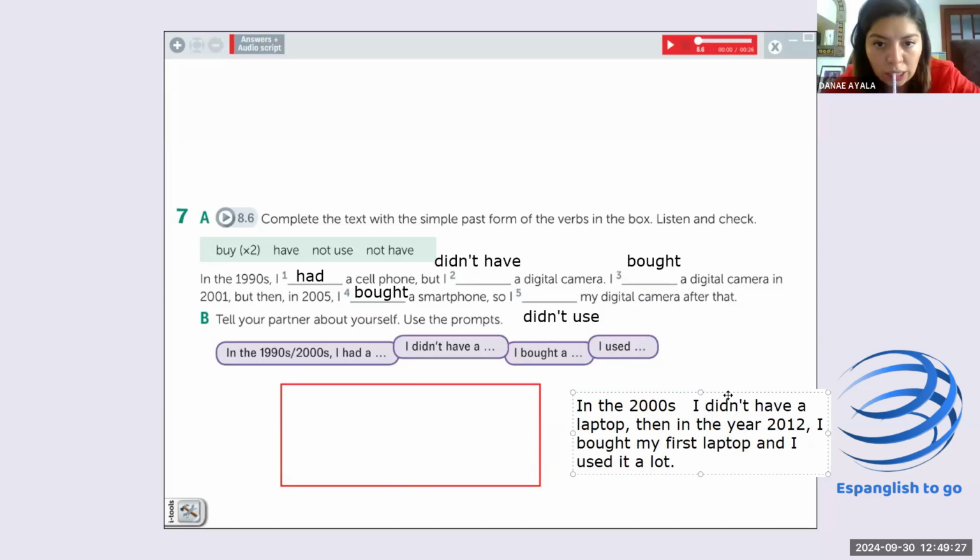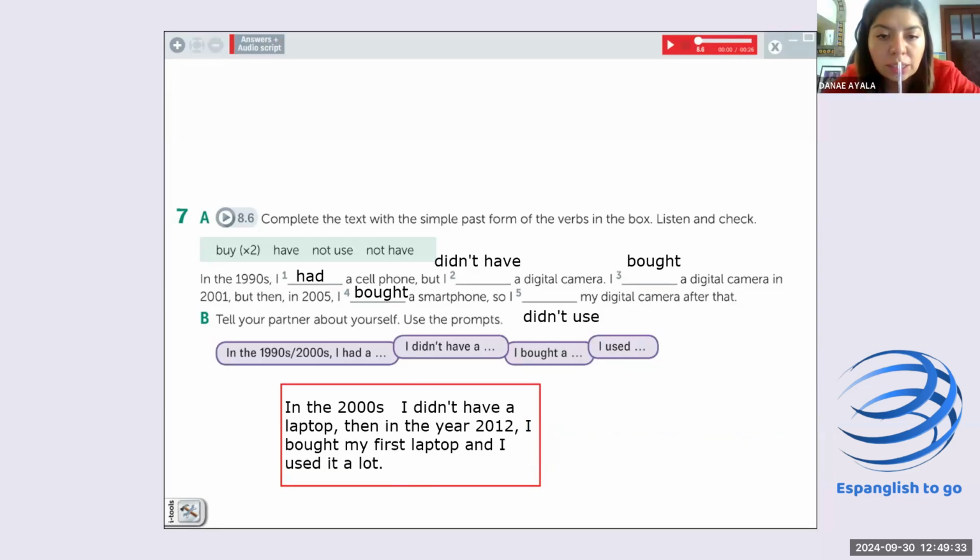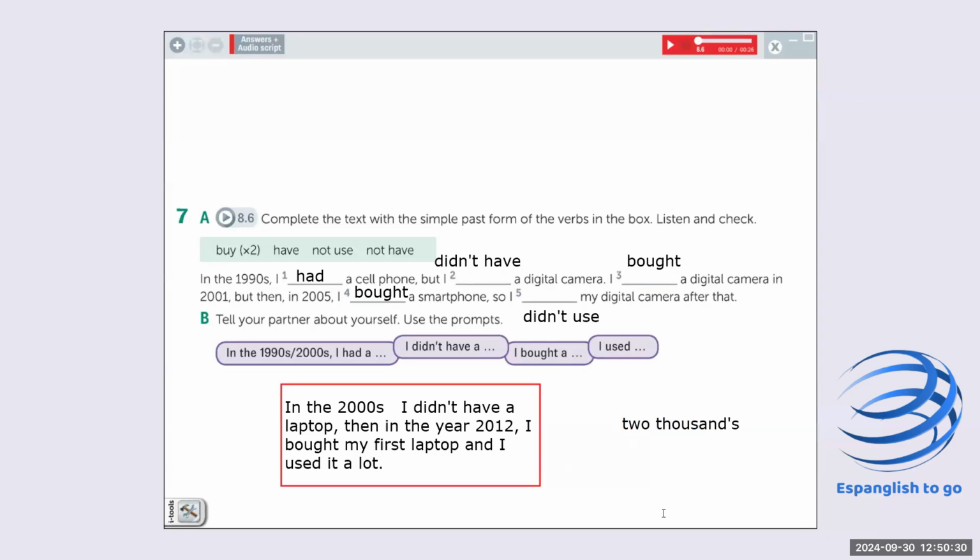Come on, only speak. Yes. In the 2000s, I had many dolls, and I didn't play with the dolls all the time.